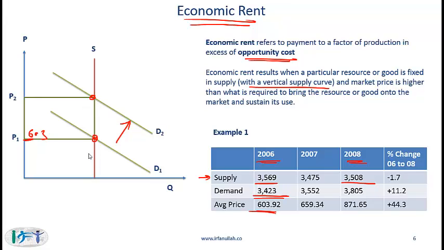So here we have the price going up roughly to 659. The increase in price here is about 44%. If we now look at the total additional payment for gold, it is equal to this quantity multiplied by this change in price. So effectively, the area shown by this rectangle is called economic rent.